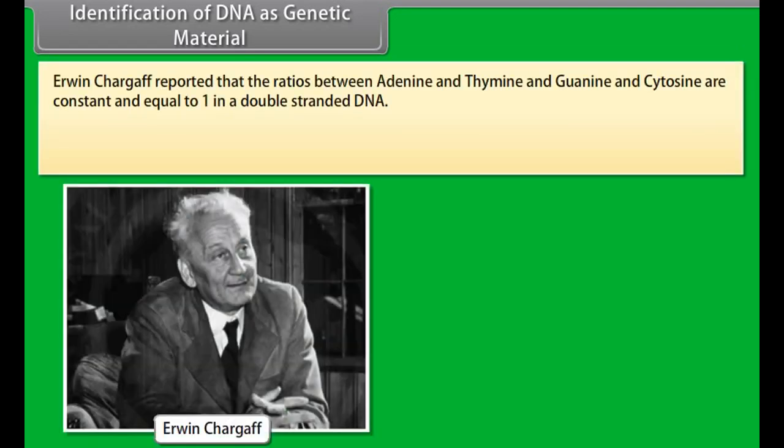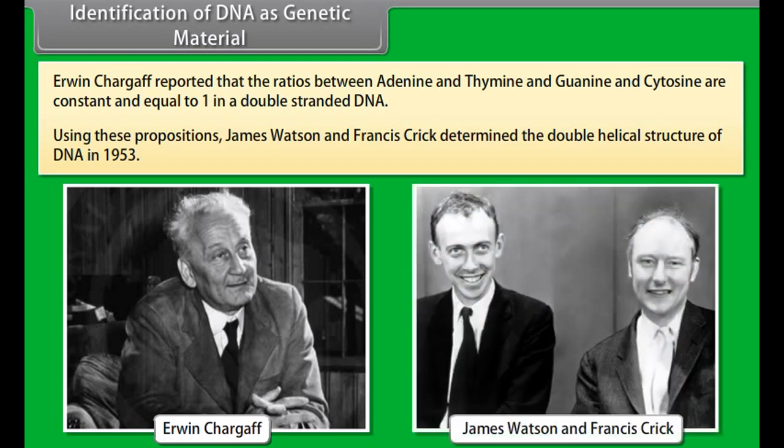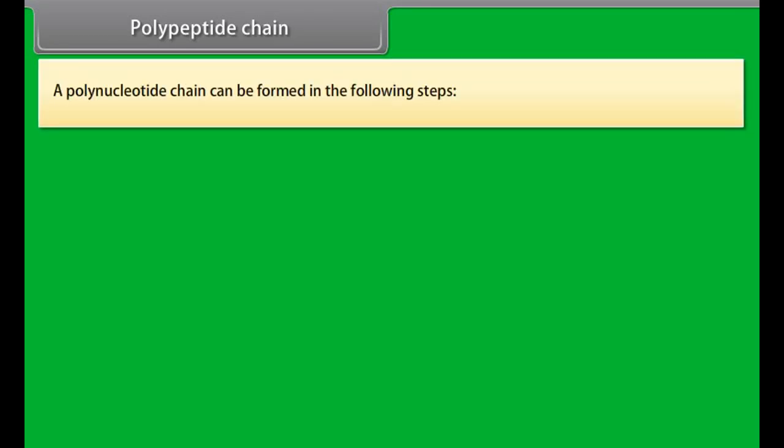Erwin Chargaff reported that the ratio between adenine and thymine, and guanine and cytosine, are constant and equal to 1 in a double-stranded DNA. Using these propositions, James Watson and Francis Crick determined the double helical structure of DNA in 1953. Polynucleotide chain. A polynucleotide chain can be formed in the following steps.